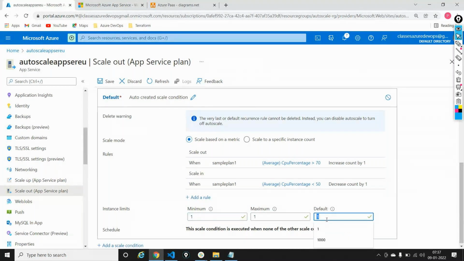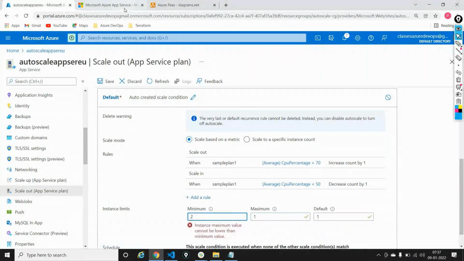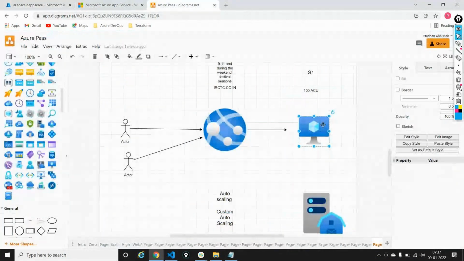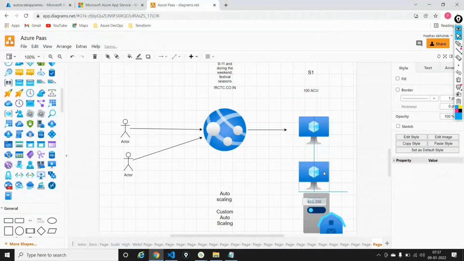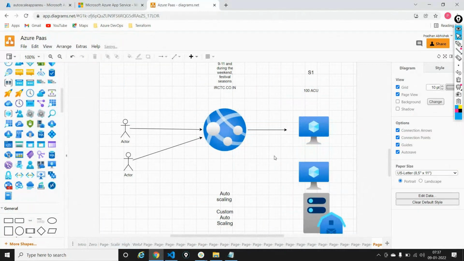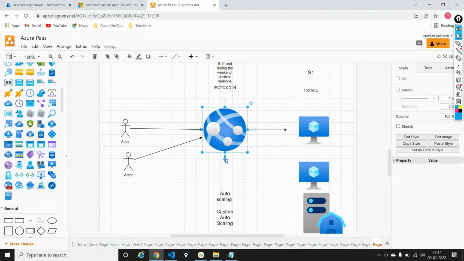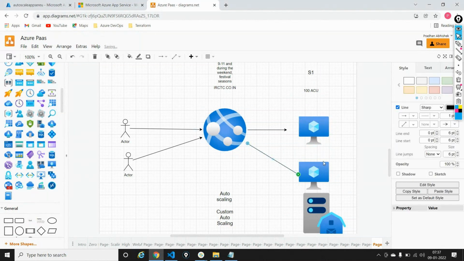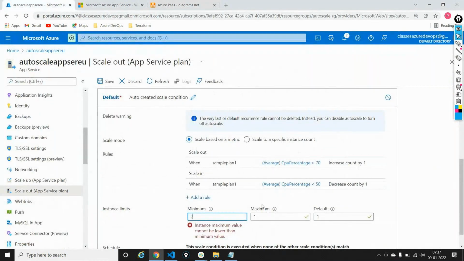For example, I need a minimum of 2 instances running in the backend, because I feel even during the non-peak hours, one virtual machine is not able to support me. So I need 2 virtual machines running in the backend at the same time. And the default is also 2. And I will say the maximum is, let's say, something like 8.